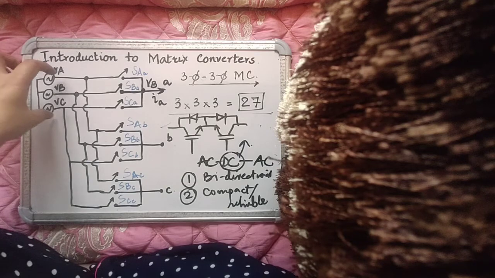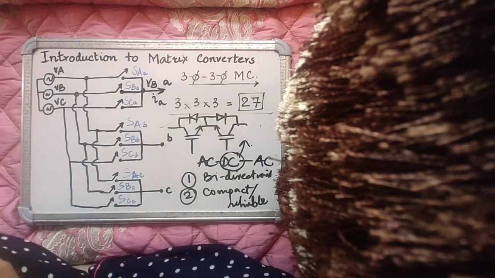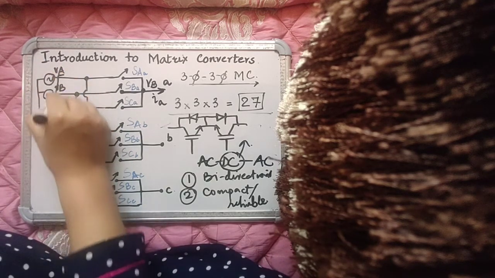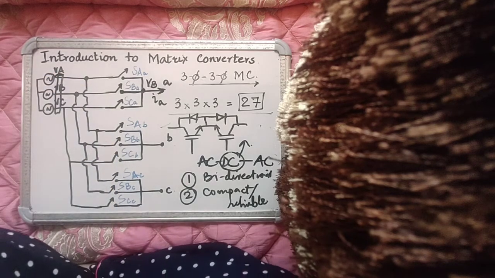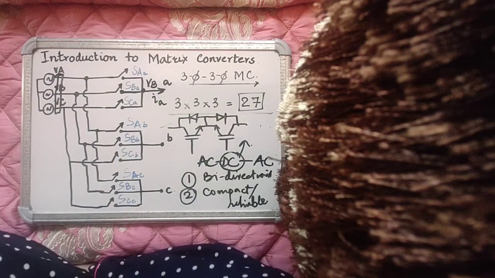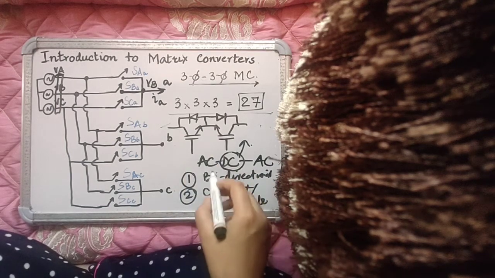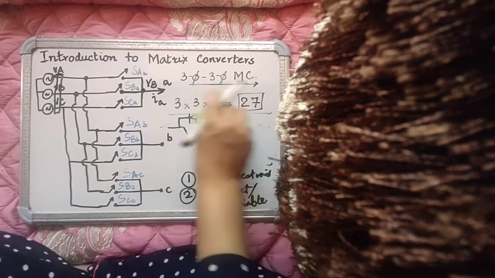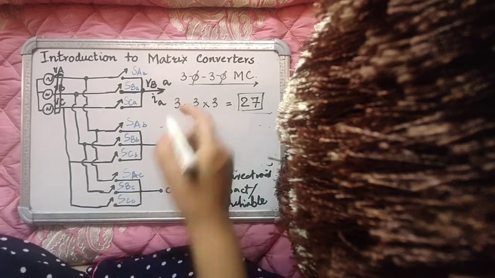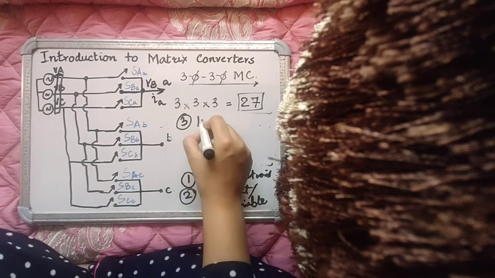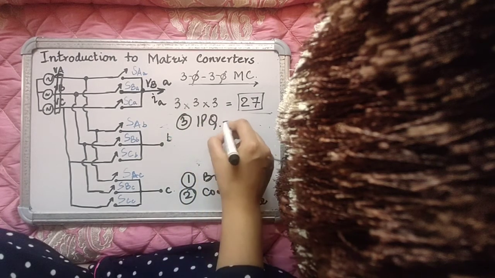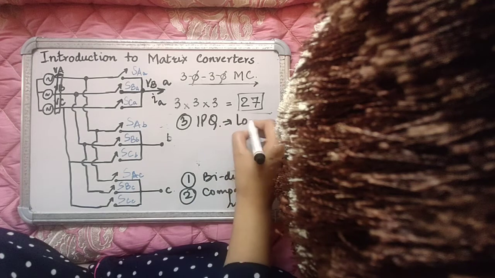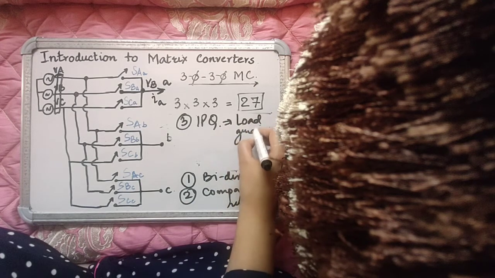Of course, when you need sinusoidal grid currents, you will also need a very small sized filter at the input, which will help you in achieving sinusoidal grid currents. That is your third advantage: improved power quality on the load side as well as the grid side.